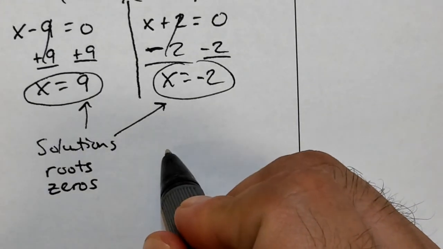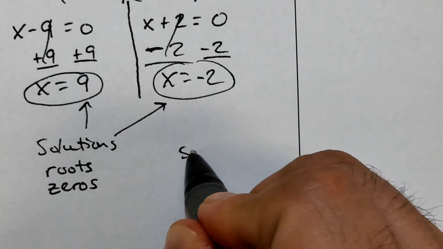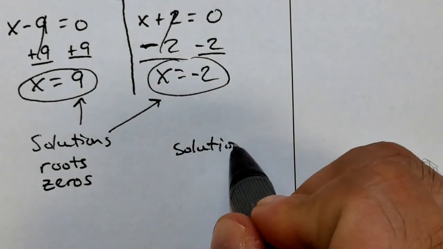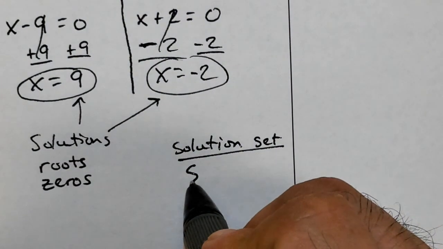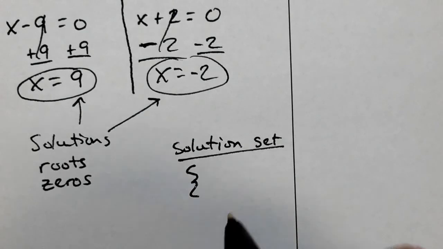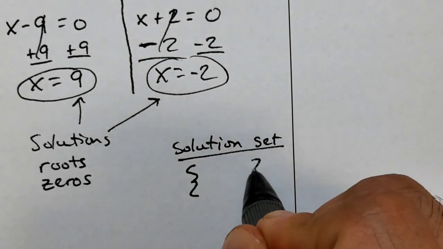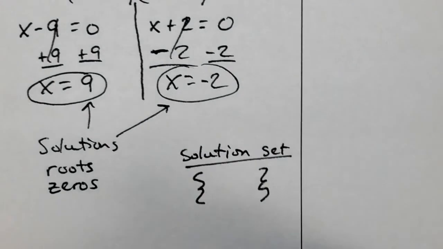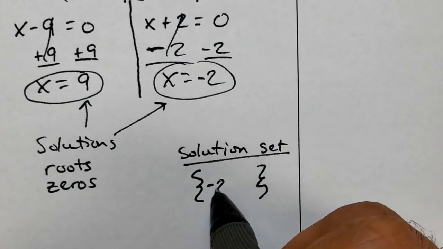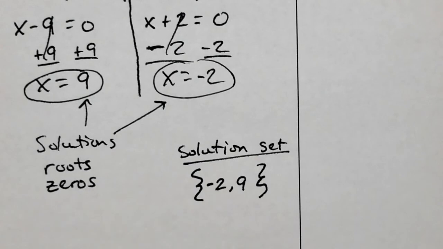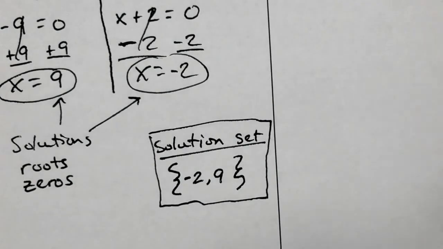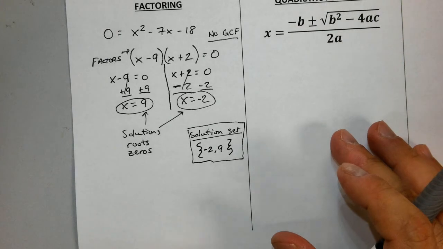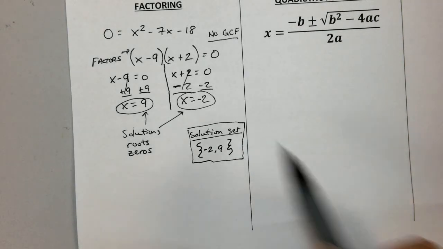When you want to write them as a solution set, you use braces, not parentheses, and simply write these numbers in there. I usually go in order, and you should too. So negative 2, comma 9, and that is your answer for this quadratic. So that's how you solve it. You factor it, set your factors equal to 0, and then you solve for x, and that's it.